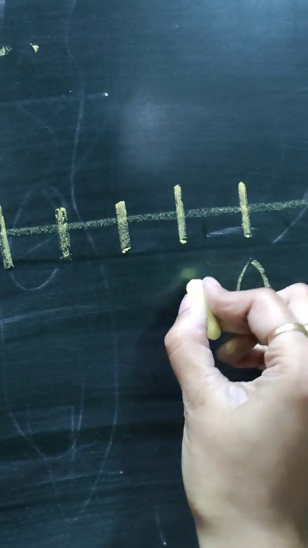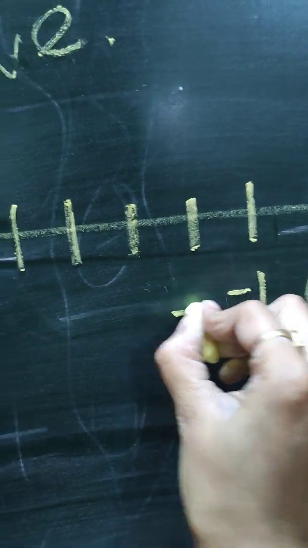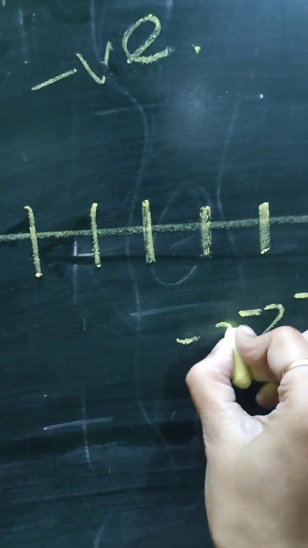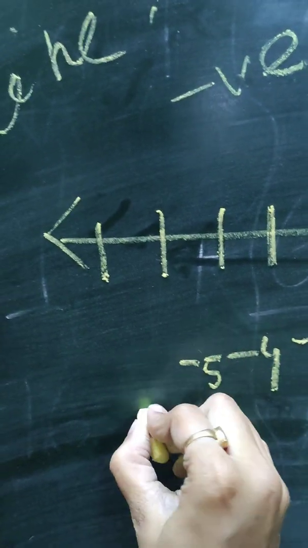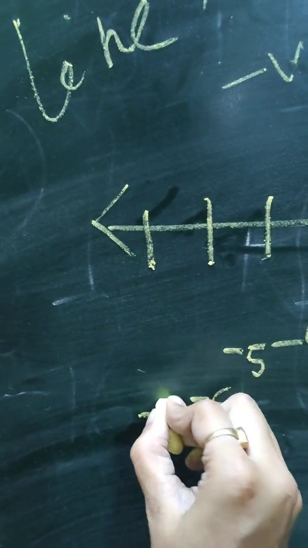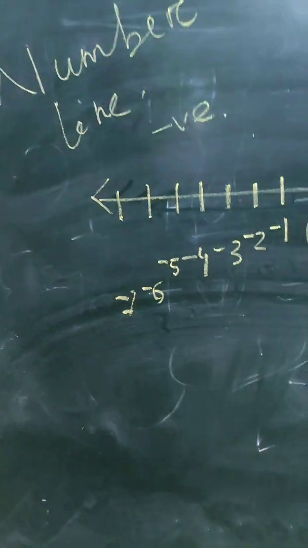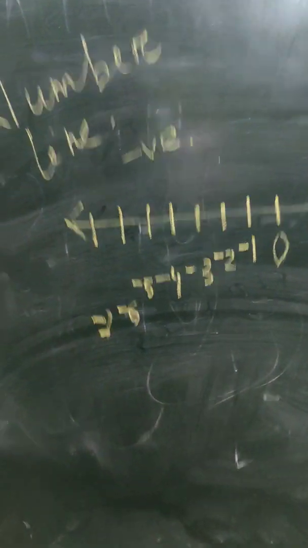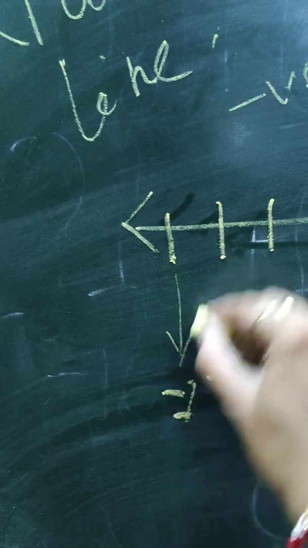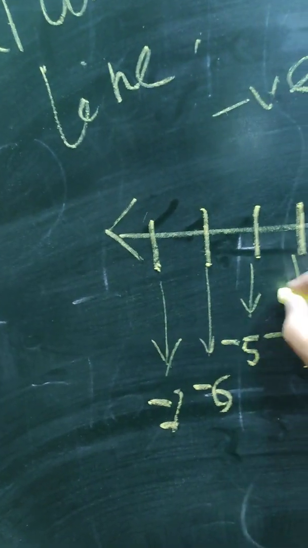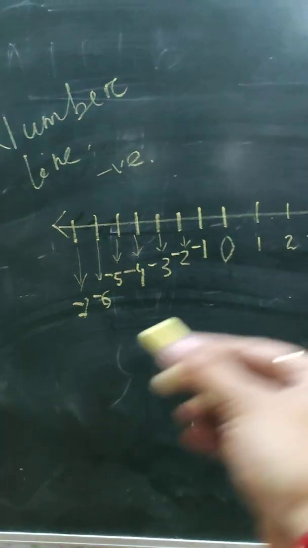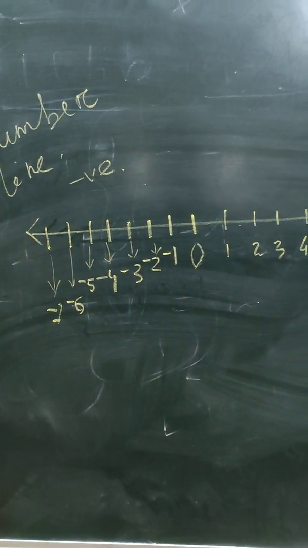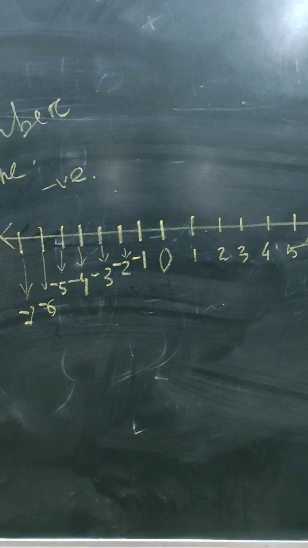So I need to write -1, -2, -3, -4, -5, -6, -7. That's how it goes. I'm drawing these arrows just to denote which is which integer. That's how it is drawn.